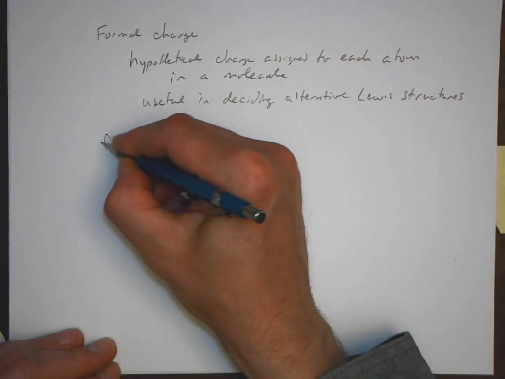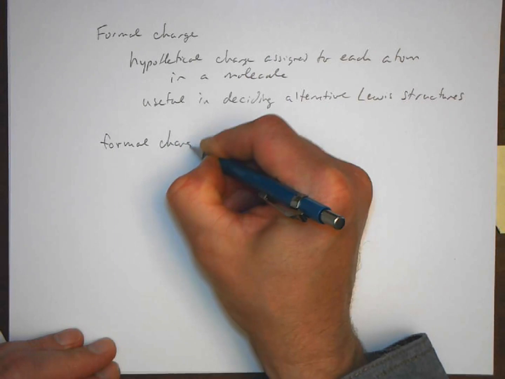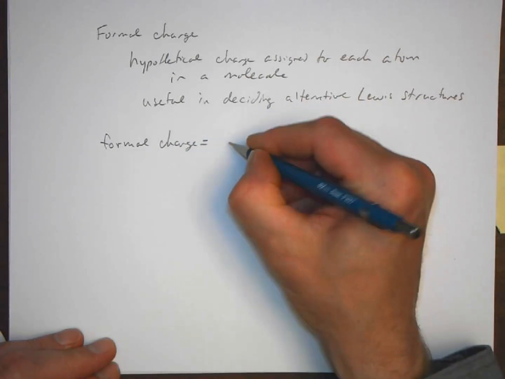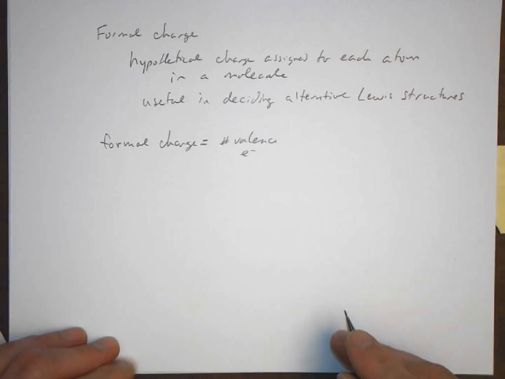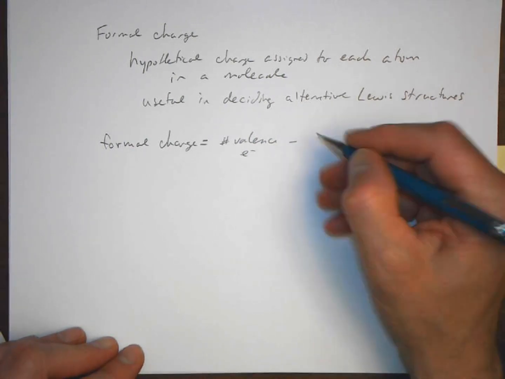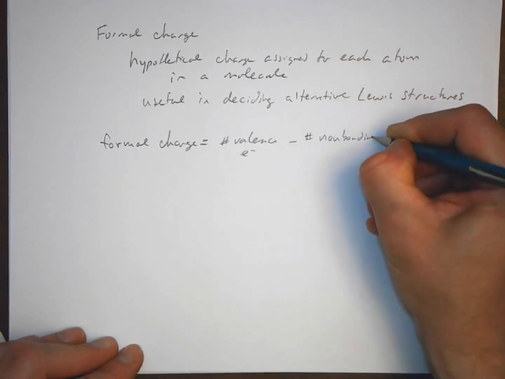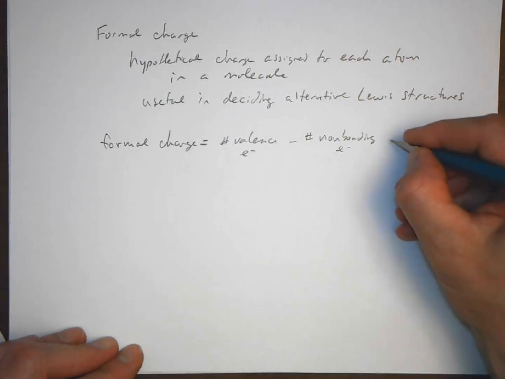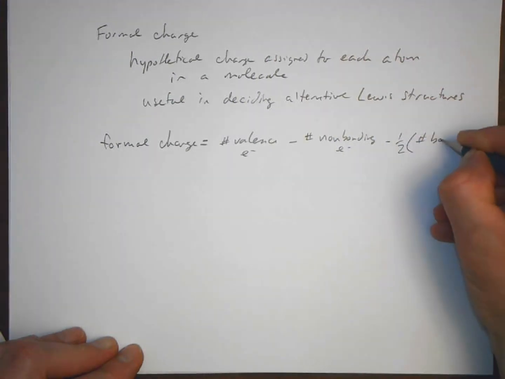Formal charge is calculated in the following manner. It's equal to the number of valence electrons around an atom, subtracting off the number of non-bonding electrons, and then subtracting off half of the number of bonding electrons.